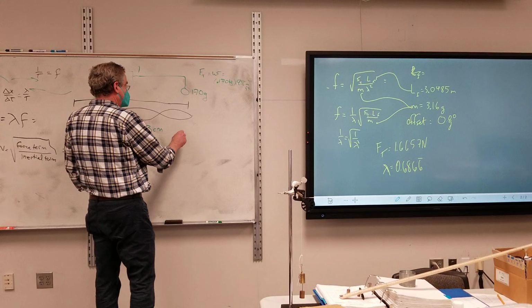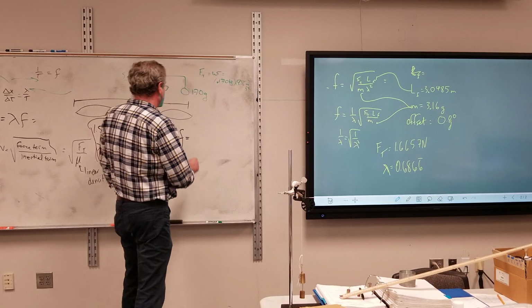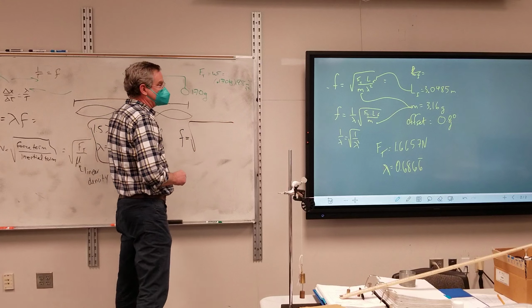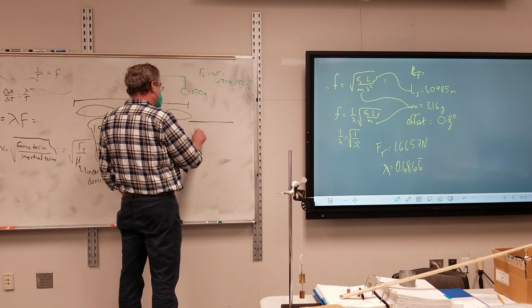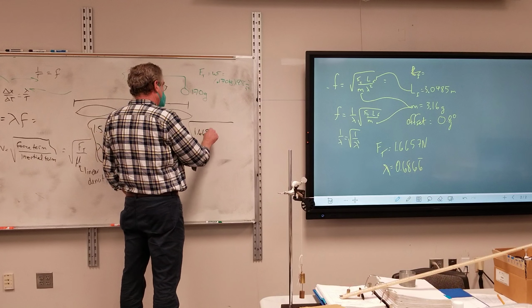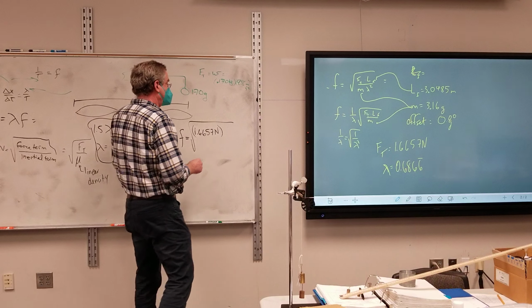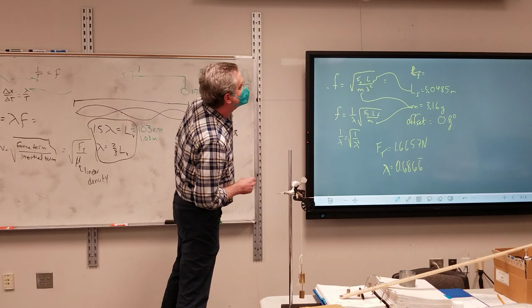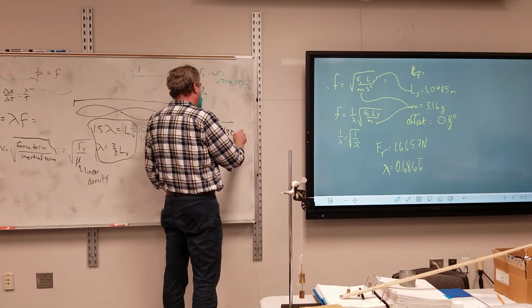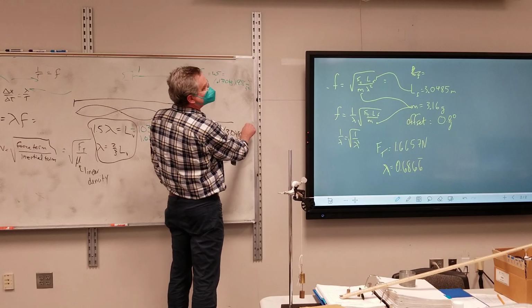Okay. So our prediction based upon our results here is we have the square root of our tension, which is 1.6657 newtons, times my full length, 3.0485 meters. That's not squared.